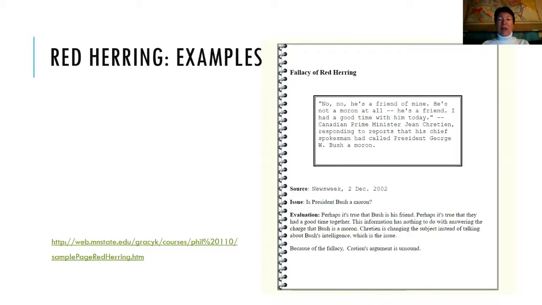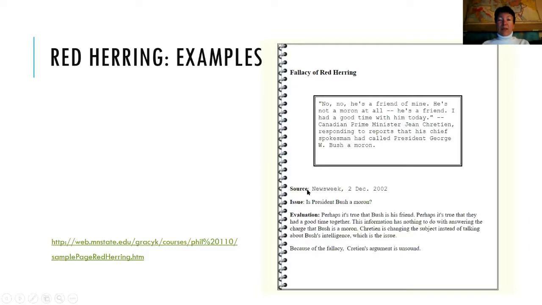I had a good time with him today. And that supposedly was said by Canadian Prime Minister Jean Chrétien, responding to reports that his chief spokesman had called President George W. Bush a moron. Whatever we believe about President Bush, or whatever that person believed about President Bush, that example is an example of a red herring.